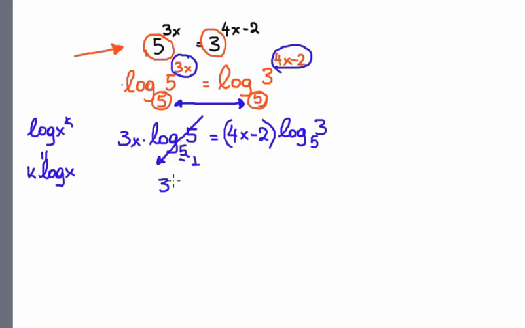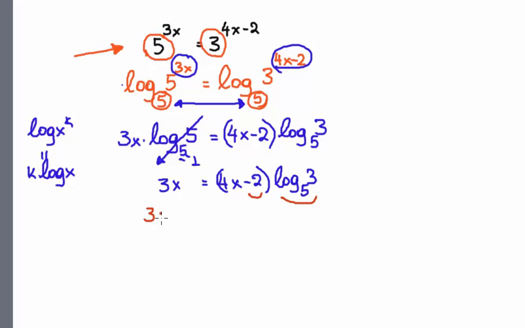So this means that 3x is equal to (4x minus 2) times log with base 5 of 3. My goal here is to separate the variables from the constants. Note that the constants that I have are the number -2 and the log of 3 with base 5. I may not know exactly what the number is, but this is a specific number.